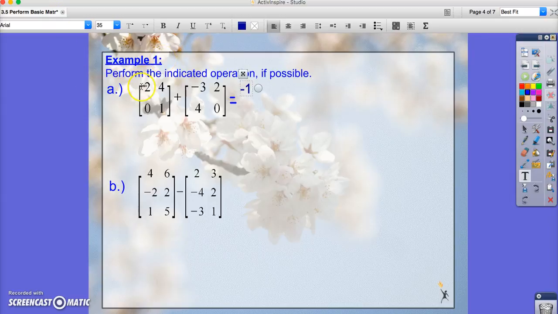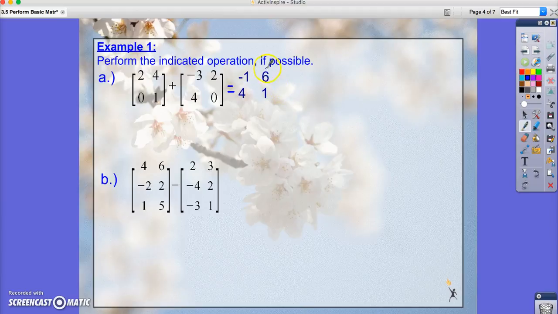We're taking the same position for each. Let's try the next one. Top right, 4 plus 2, 6. Bottom left, 0 plus 4 is 4. Bottom right, 1 plus 0 is 1. And that's it. That's how we add matrices.